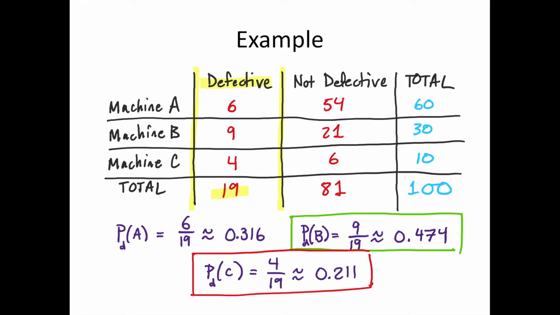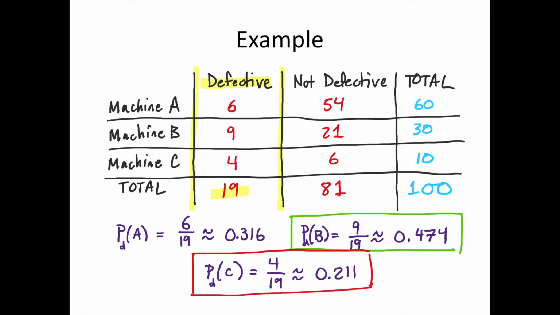However, they're different than the previous probabilities that we assigned. Originally, without any additional information, we said there's a 60% chance that machine A would have produced the part. But now, knowing that the part is defective, we're actually going to lower our assigned probability from 0.6 all the way down to 0.316. Now, why is that?